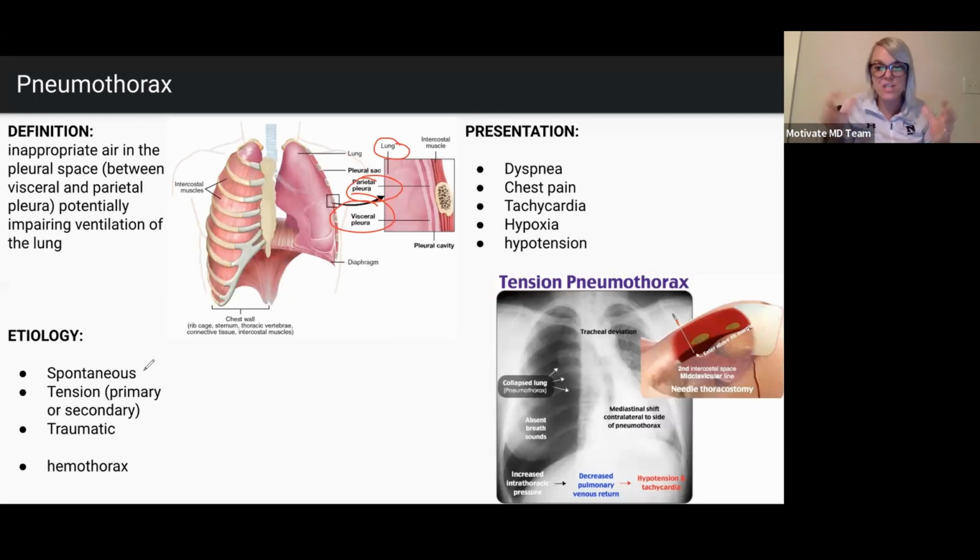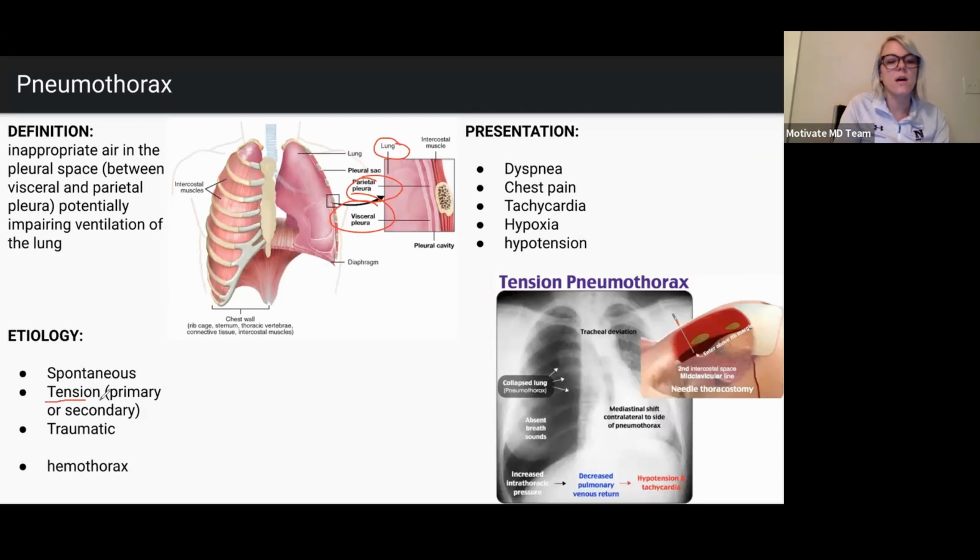He wasn't a Marfan's patient, didn't really have any risk factors, was a runner, really active, and had a spontaneous pneumothorax. It was a small one. Sometimes if the pneumothoraces are small, we can treat them just with oxygen, and we won't have to put in a chest tube or a needle decompression. Sometimes it'll spontaneously go back.